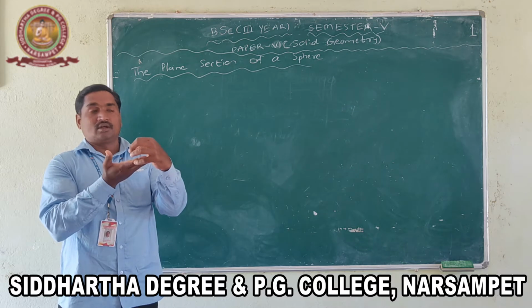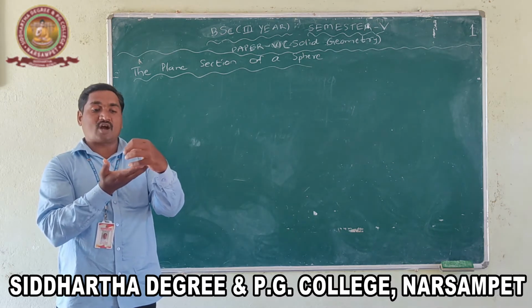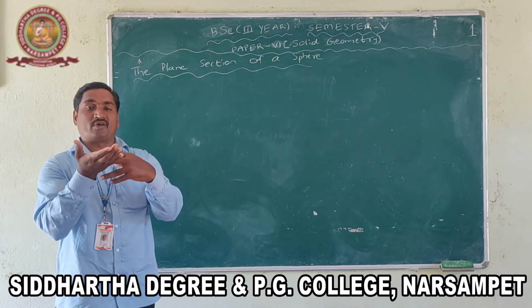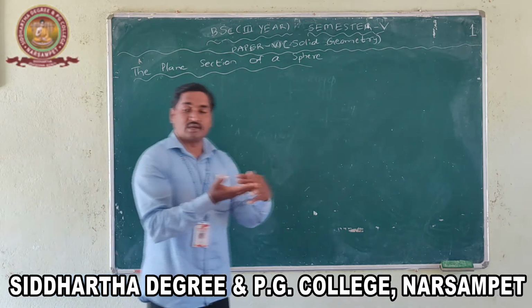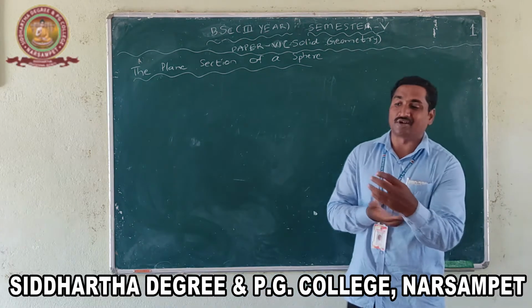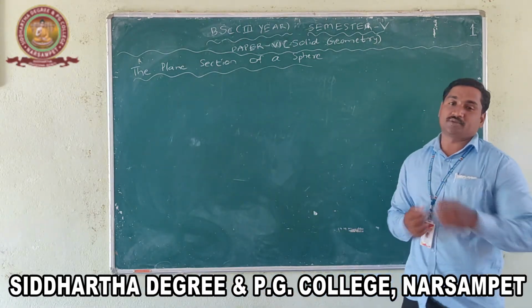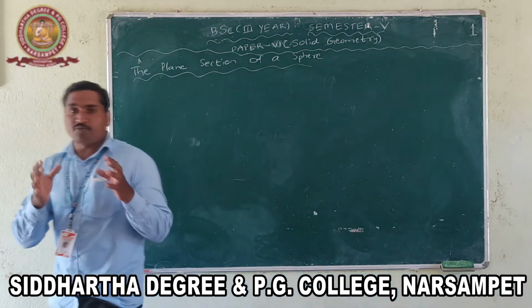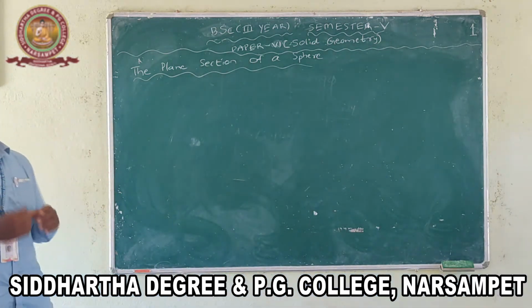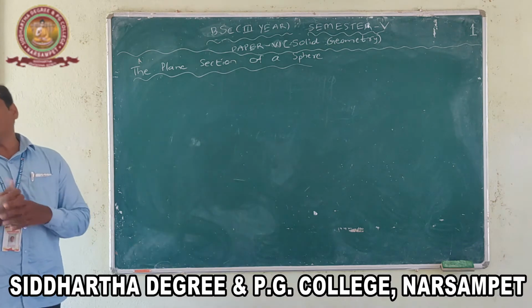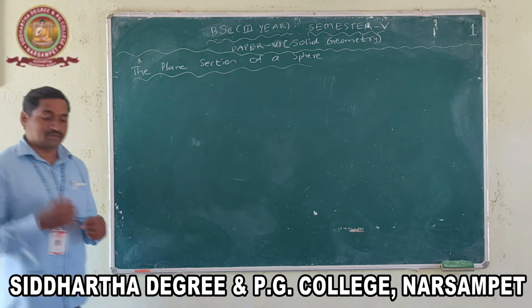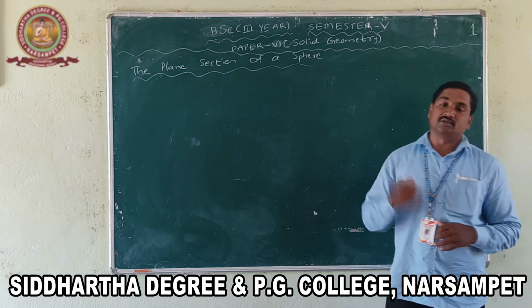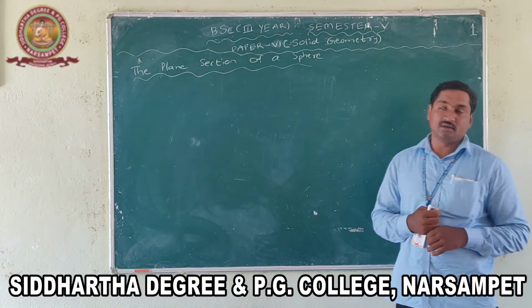Then the set of points common to the sphere and the plane is called the plane section of the sphere.